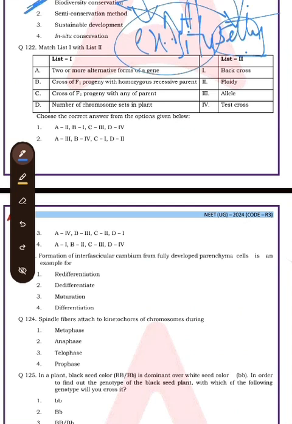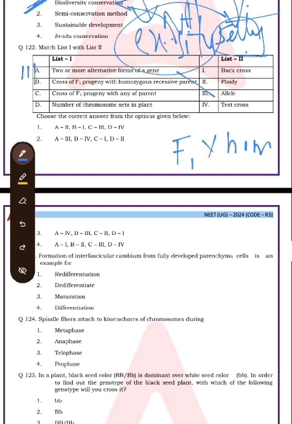Okay, next, again matches. Two or more alternative forms of a gene is called allele. Yes, 3. Cross of F1 progeny with homozygous recessive parent is called test cross. 4.